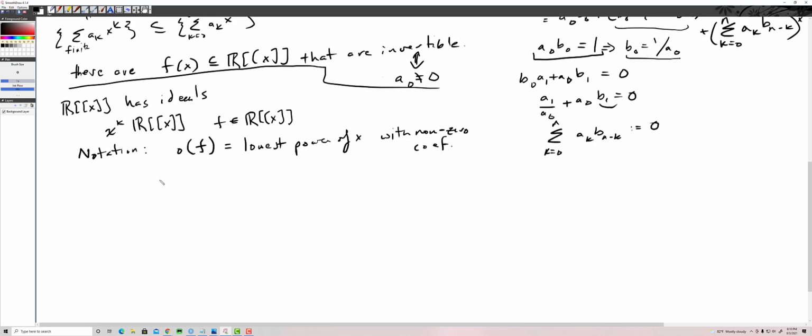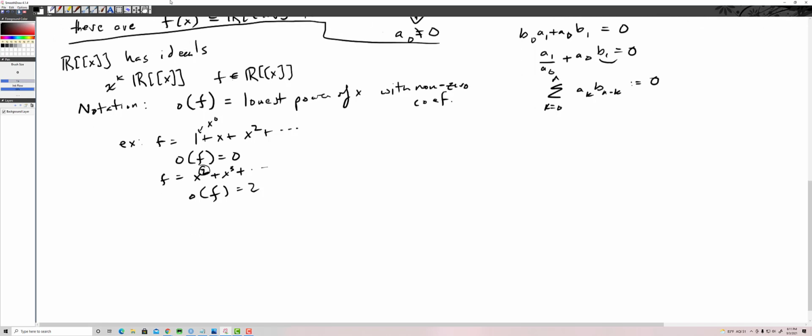Okay, so for instance, let's say f equals 1 plus x squared plus yada yada yada, then the order of f is 0, because the lowest power of x here is x to the 0. Similarly, if f is x squared plus x cubed plus yada yada yada, the order of f would be 2, right? Because this is the lowest power of x with a non-zero coefficient.